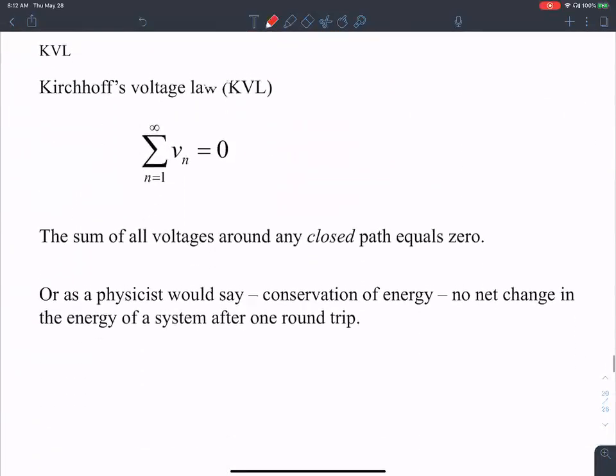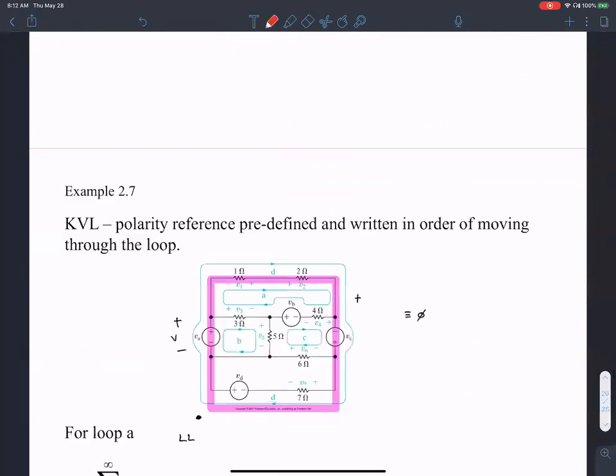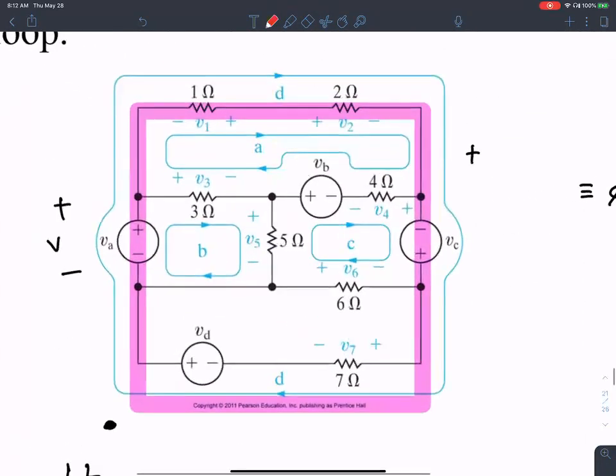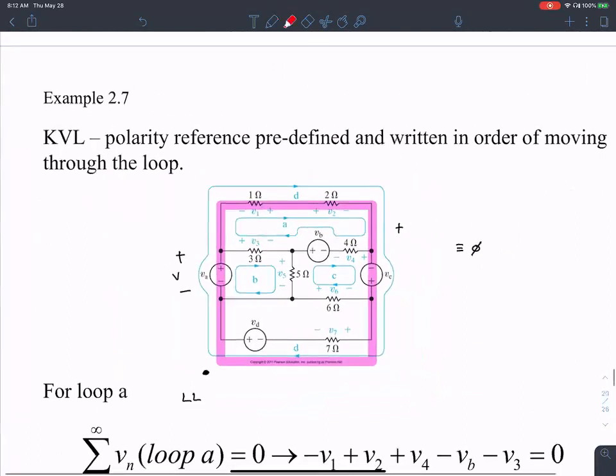Kirchhoff's voltage law deals with closed paths. If you look at this particular circuit, I can consider the purple path as one closed loop, a closed path. Similarly, I can set up another loop.